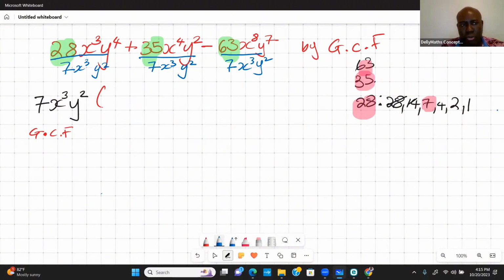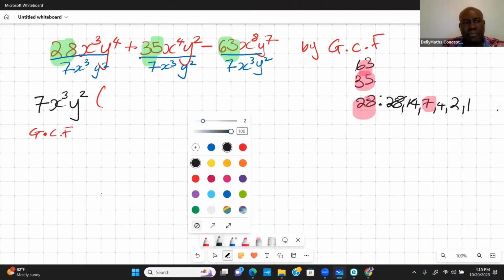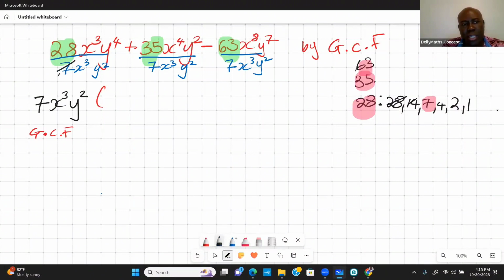Let us start. 7 into itself, that's 1. 7 into 28, that's 4. So we definitely know that we're going to have a 4 here. X to the third fully cancels x to the third, and y to the second goes into y to the fourth, leaving y to the second.